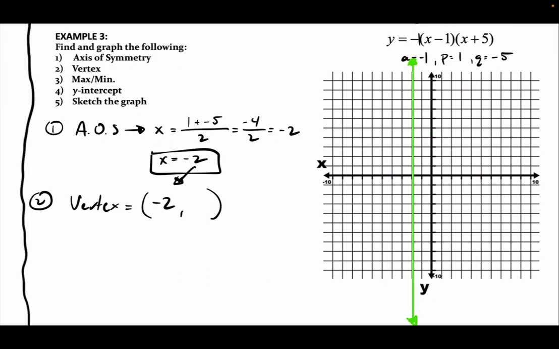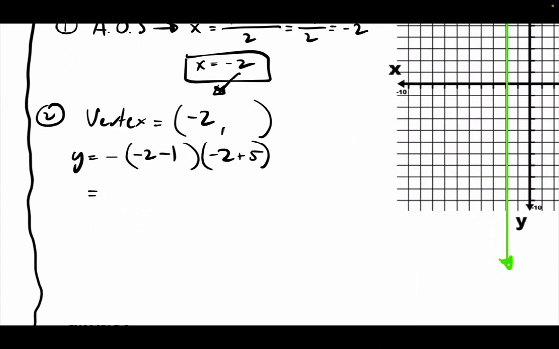Okay. So y equals -2 minus 1, -2 plus 5, because that's where x was at the beginning. Parentheses. -2 minus 1 is -3. -2 plus 5 is +3.